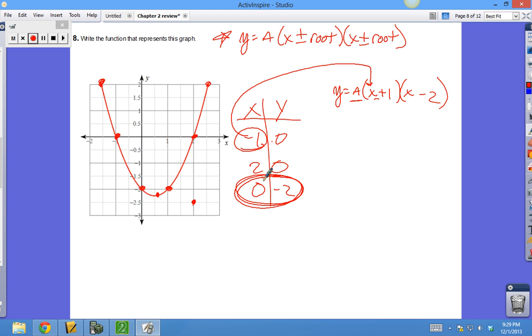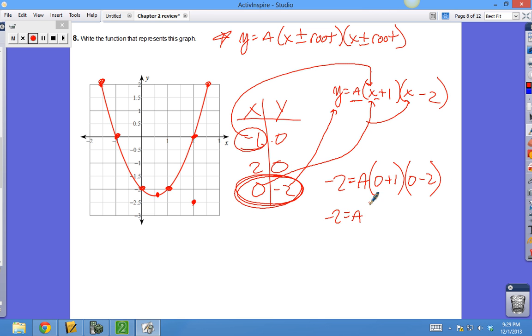But now that I know an x and a y, I'm going to take this 0 and put it there for x, there for x, and the y I'm going to put right there. So here we go, -2 in for y. A, I don't know. X is going to be 0 plus 1 and 0 minus 2. So -2 equals a times 0 plus 1, which is just 1. 0 take away 2 is -2. -2 times 1.